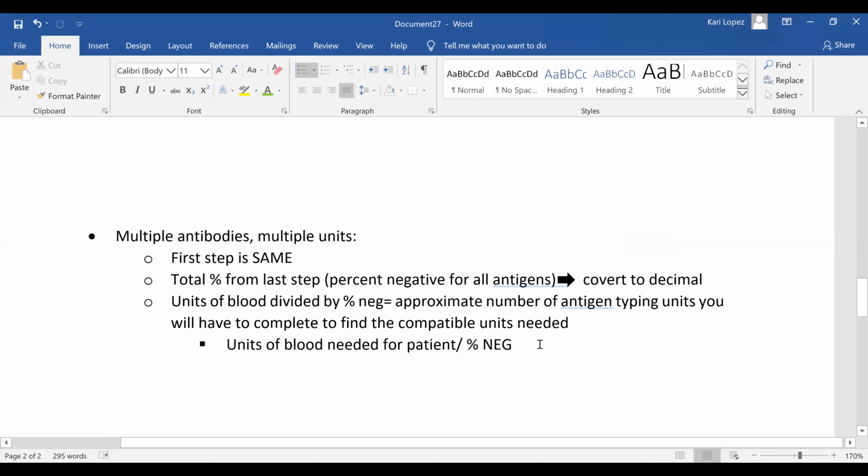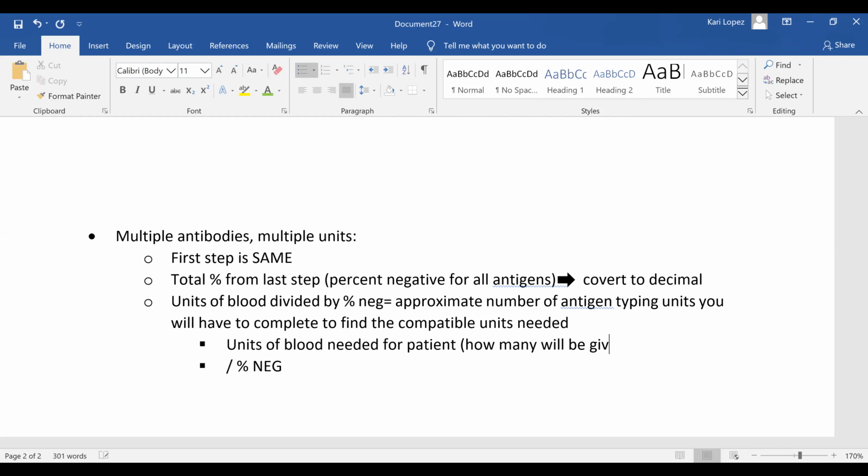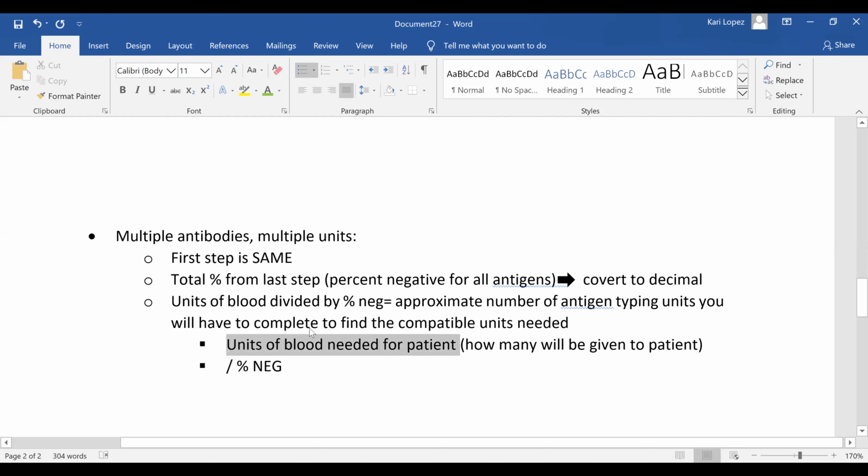So which one goes on top when you have multiple antibodies and multiple units? Your units of blood needed. That's how many units are being given to the patient. I said how many will be given to the patient.